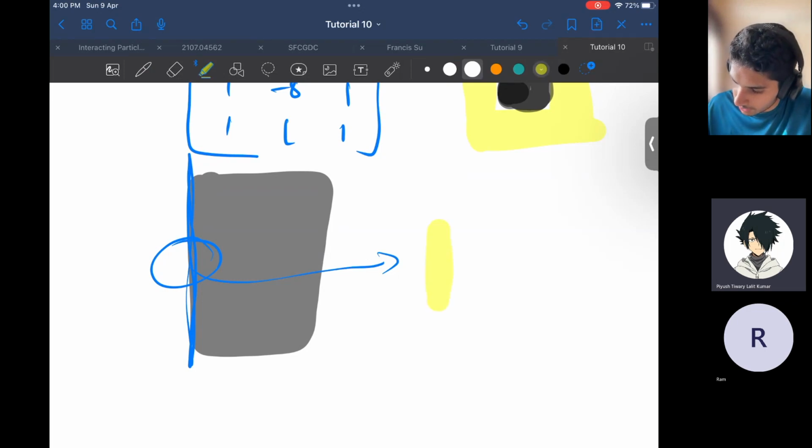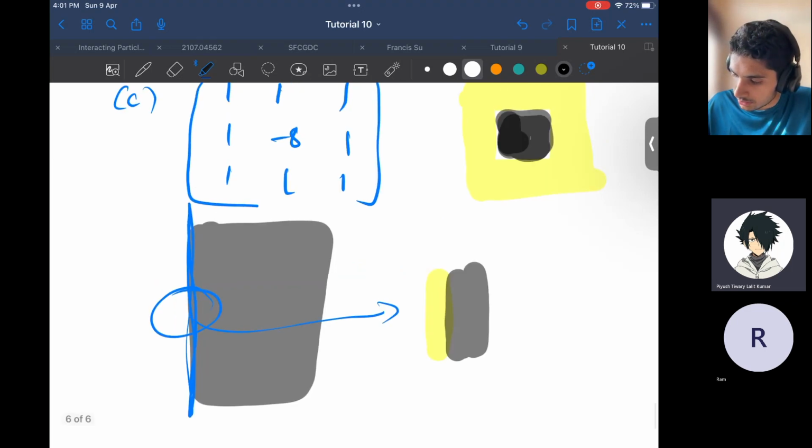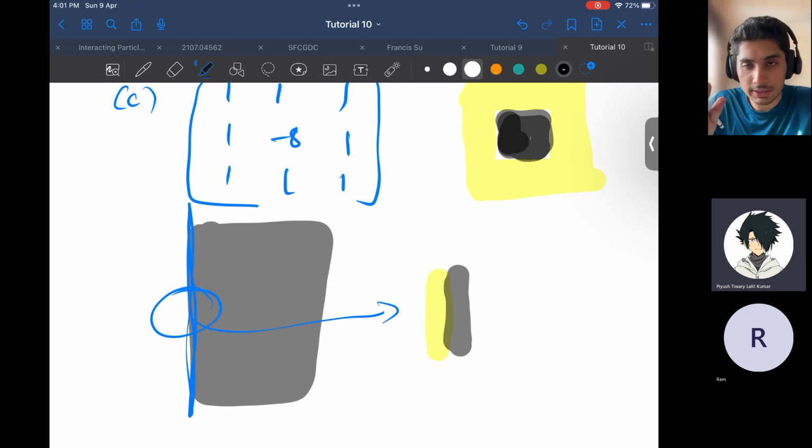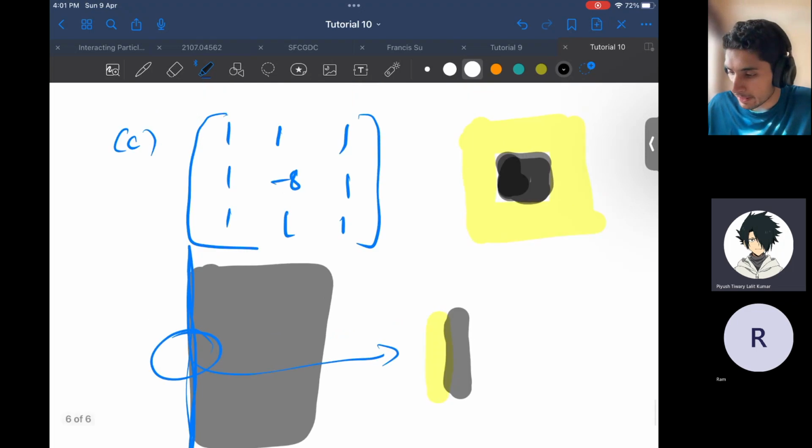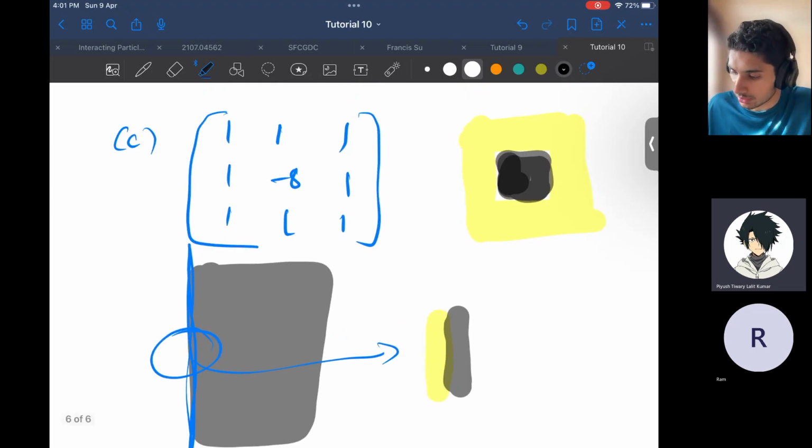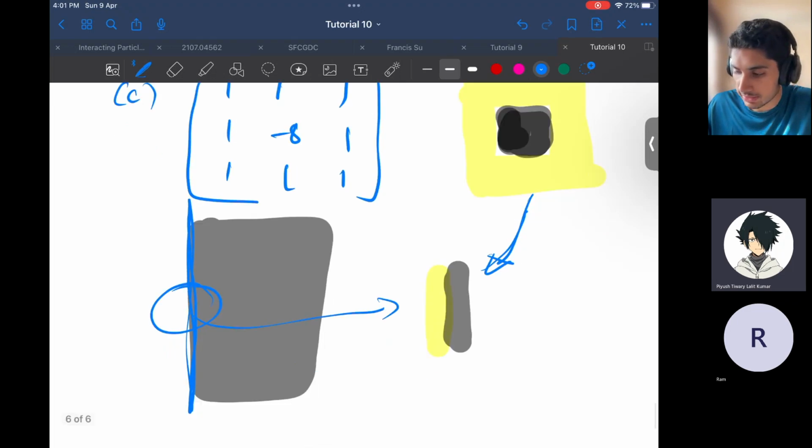It's all white on the left, and on the right, it's all black. At least you will agree that this part is true: on the left, it's all white, and in the middle, on the right, it's all black. So the question is, can something like this be used to detect this? Well, the answer is yes.